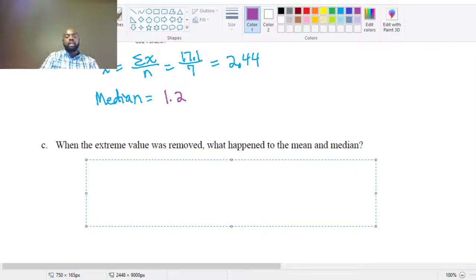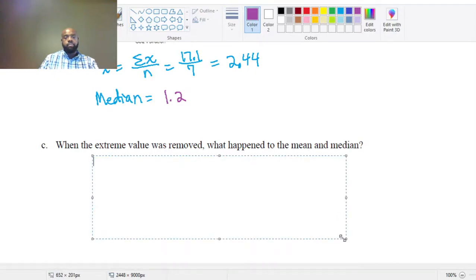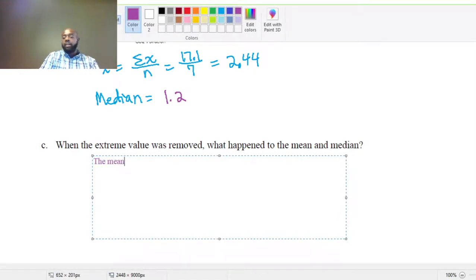What happened was that the mean changed substantially. The median only changed slightly. Okay.